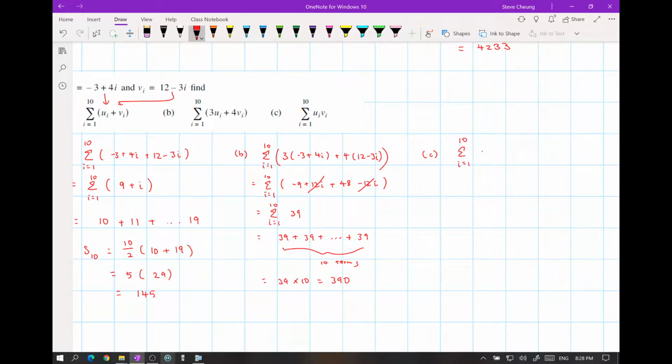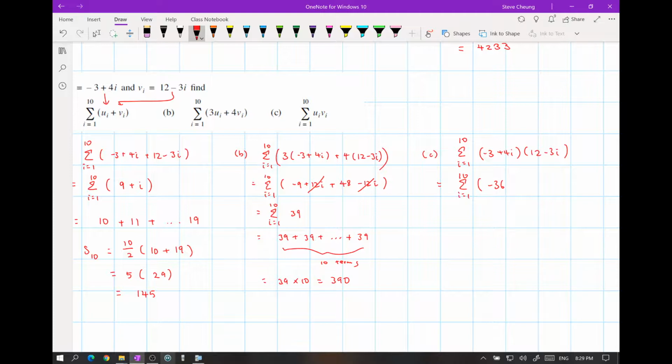And for C, oops, this is negative 3 plus 4i. This is 12 minus 3i. So we need to do some foiling here. So here we go.